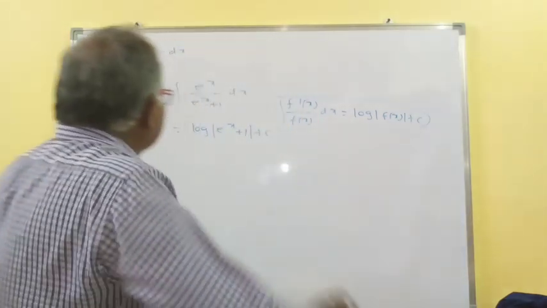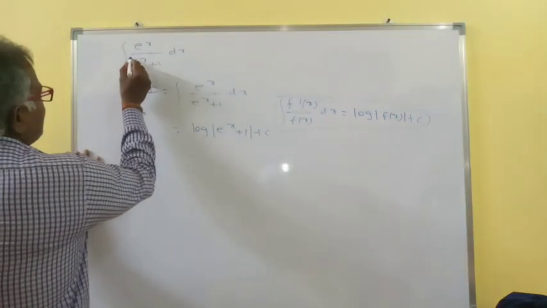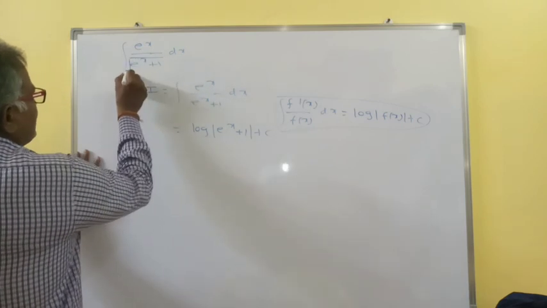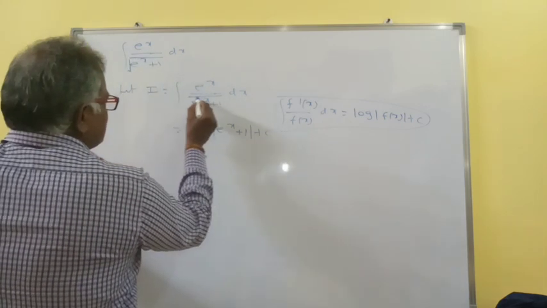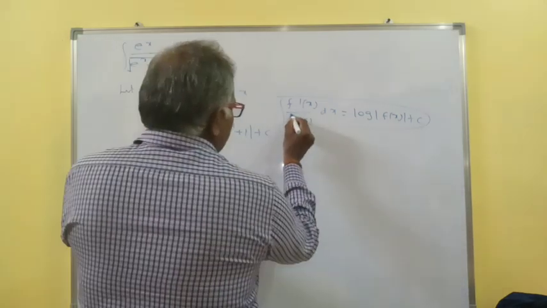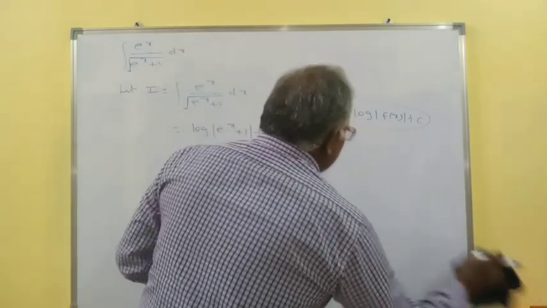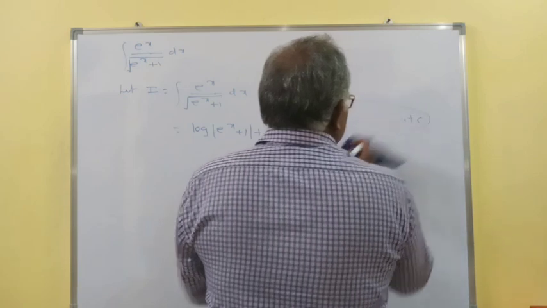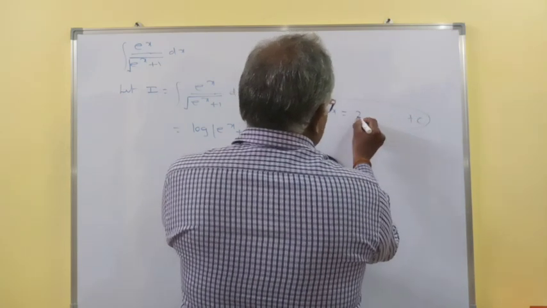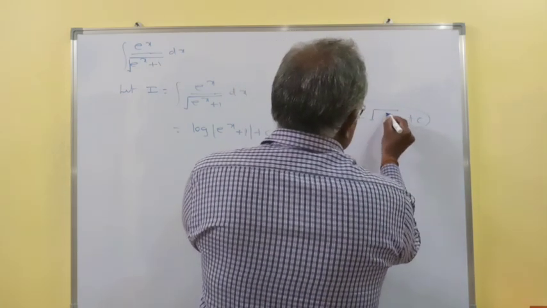Suppose another one, where the problem is like this. What happens for this one? What is the formula here? Here the problem has 2 root f of x.